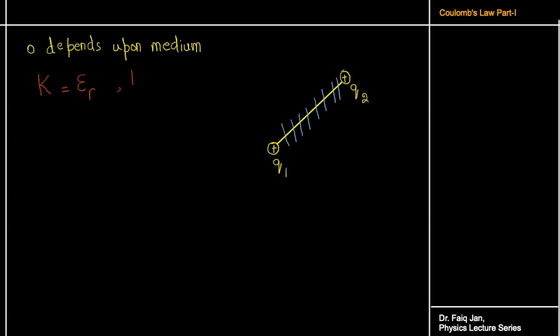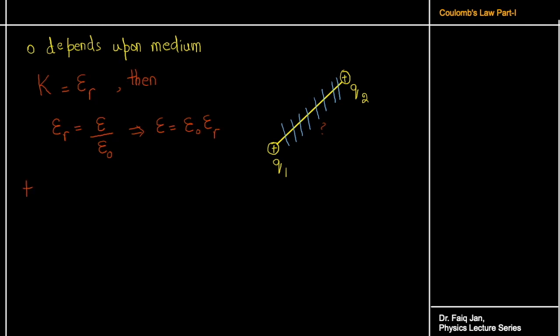Then the relative permittivity of this medium is defined as the ratio of the permittivity of a medium to the permittivity of vacuum. This implies that epsilon is equal to epsilon naught into epsilon r.